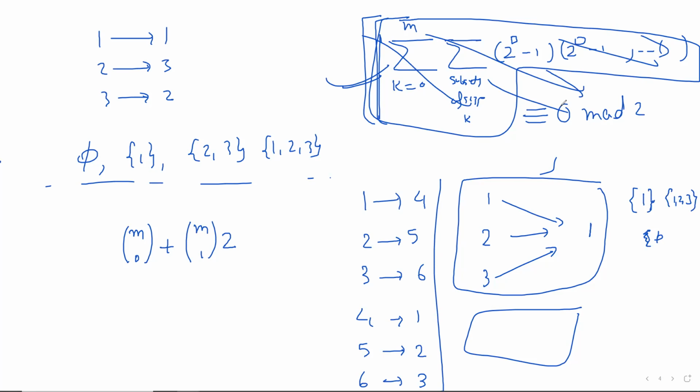Now the question is, can it be all? Oh. So because there are 2 power n functions, right, yeah, the n power n. Yeah, then we have found an example for 3.